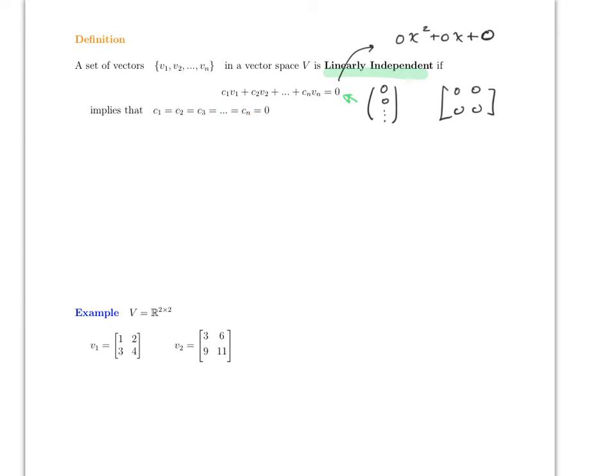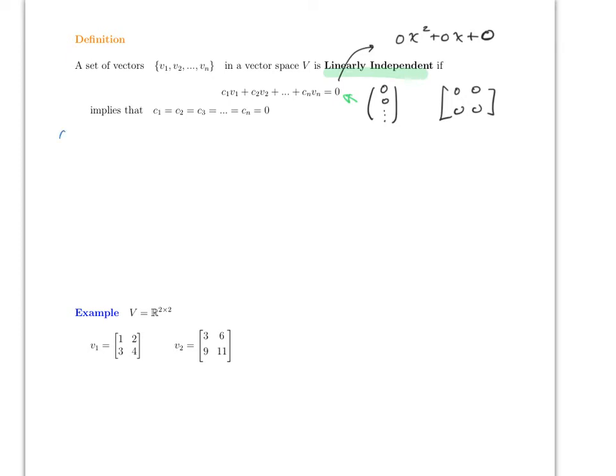So linearly independent means that if you do a linear combination and you get the zero vector, all the constants had to be 0. If that's not the case, then the set of vectors is linearly dependent.